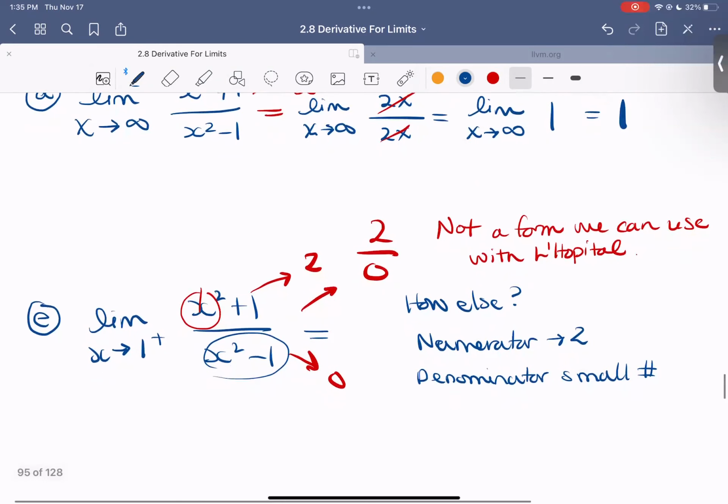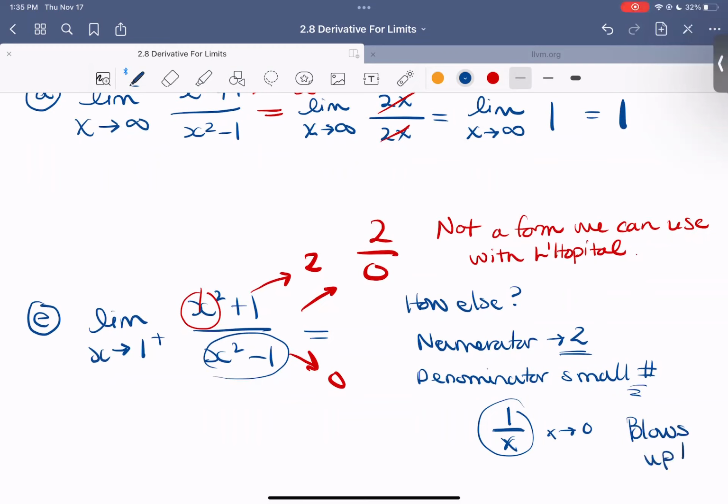So if we have a fixed number 2 dividing by a small number, what happens there? It's as if we had 1 over x, where 1 is fixed, dividing by x as x goes to 0. In that fraction, the output blows up. Dividing by a small number is equivalent to multiplying by the reciprocal, meaning multiplying by a huge number.